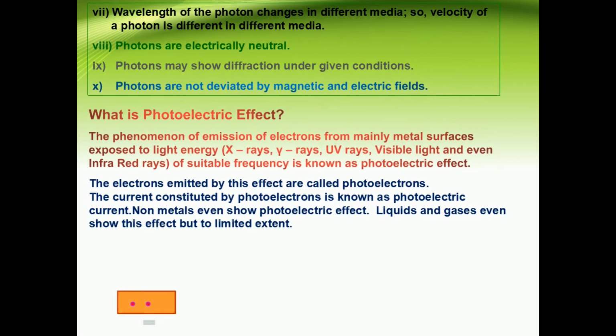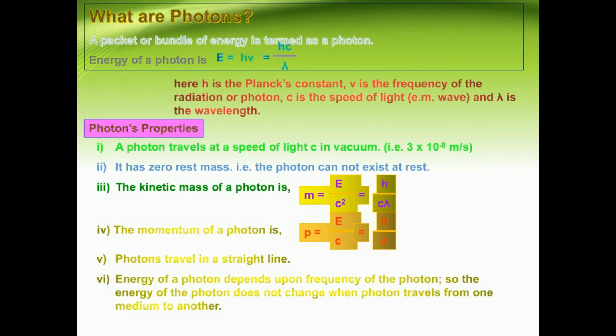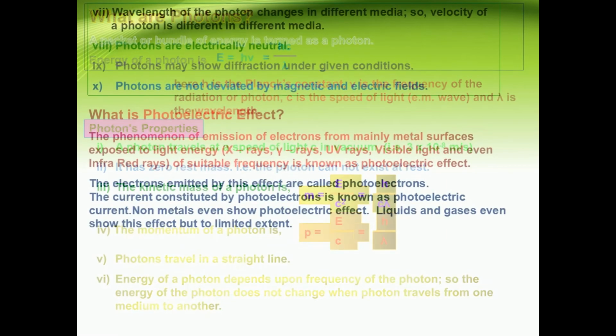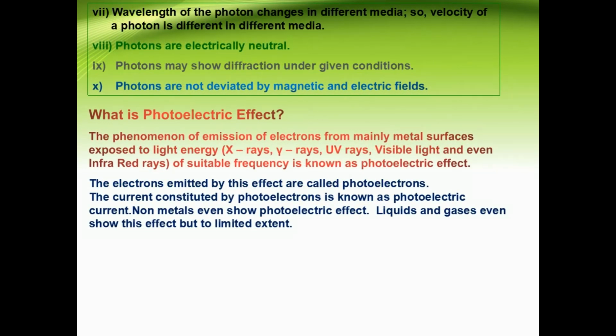The phenomenon of emission of electrons mainly from a metal surface exposed to light energy. Light energy may be in the form of X-rays, gamma rays, UV rays, visible light, even infrared rays of suitable frequency. That is photoelectric effect.